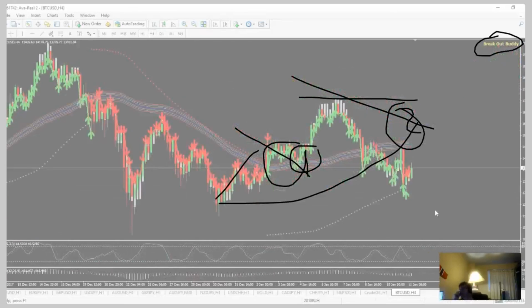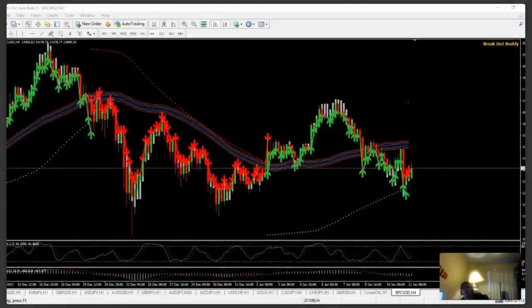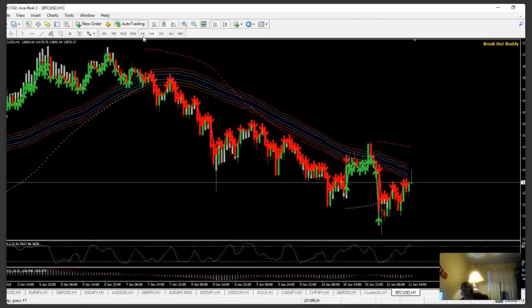All right. It's a little bit of a mess here. It needs to be tuned because I haven't typically been using this. So let's start with getting rid of the, okay, so basically, we're in H4, turn it to the H1.